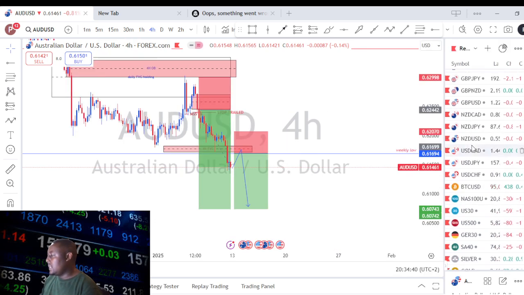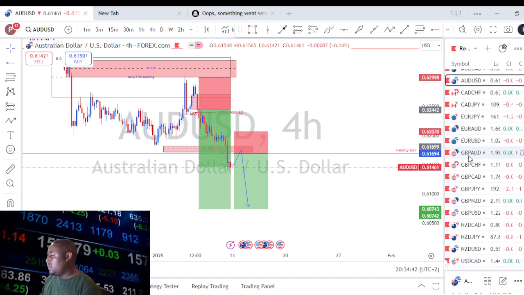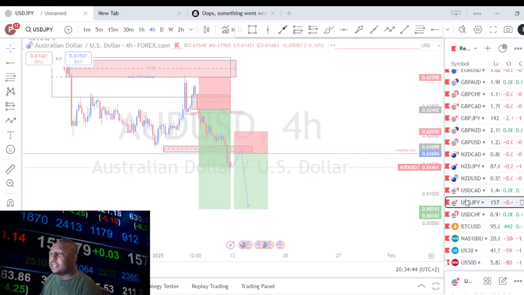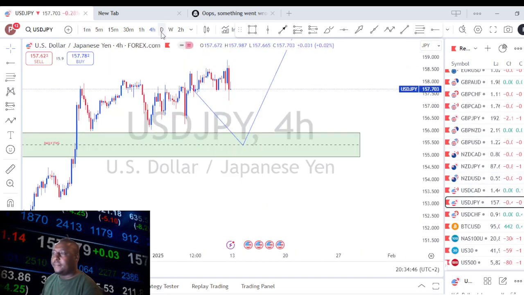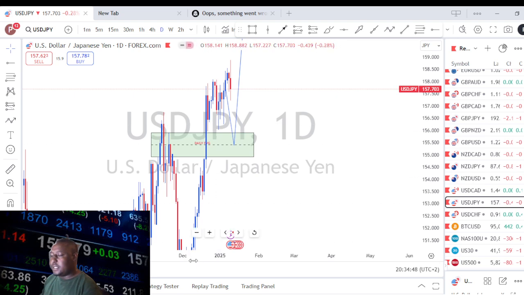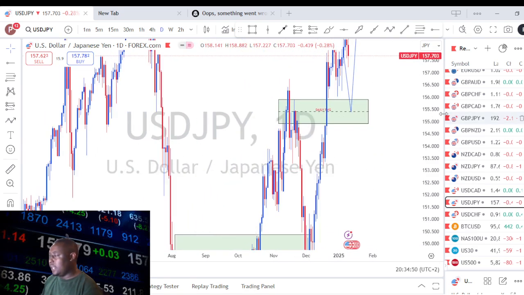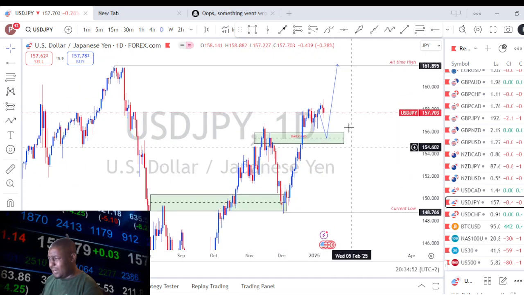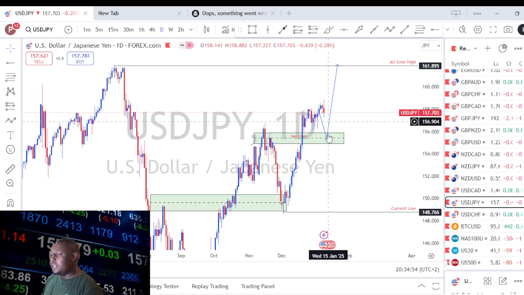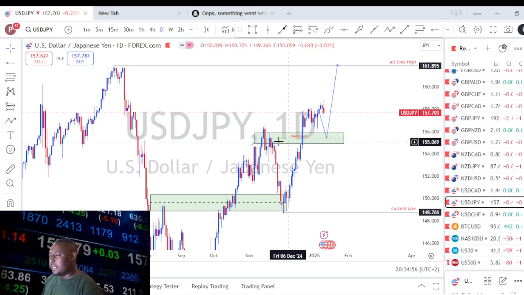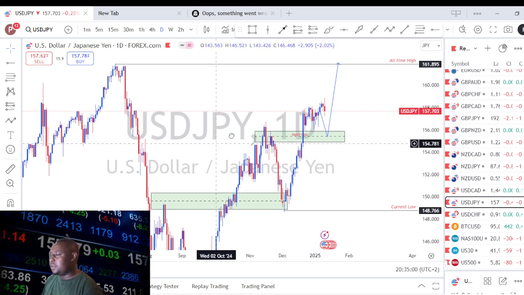On the other trade that I said I'm looking for, we have USD JPY. For USD JPY, I'm not looking into taking anything. I'd love for it to come back lower, retest this support or this daily fair value gap to continue pushing to the upside.